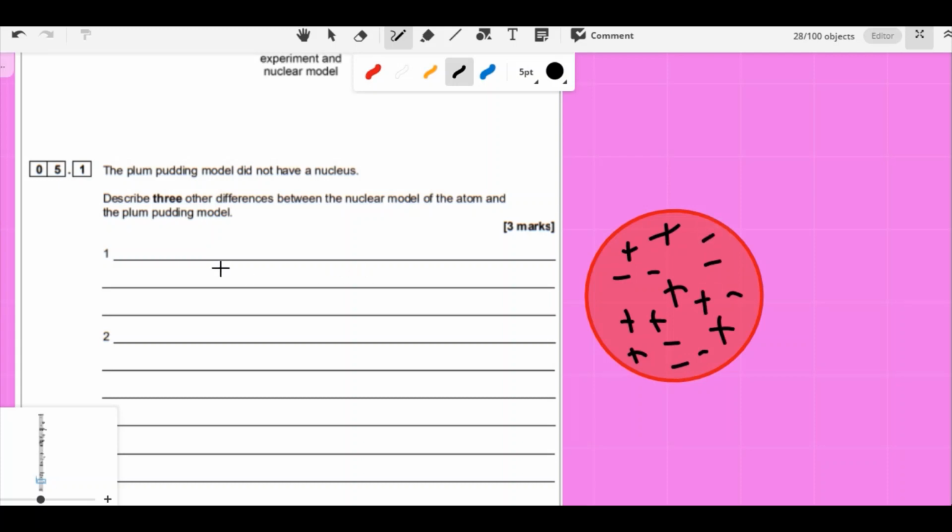Okay, so now we are going to write the 3 differences. If you see the first one, the plum pudding model is mostly empty space, so you can write mostly empty space.